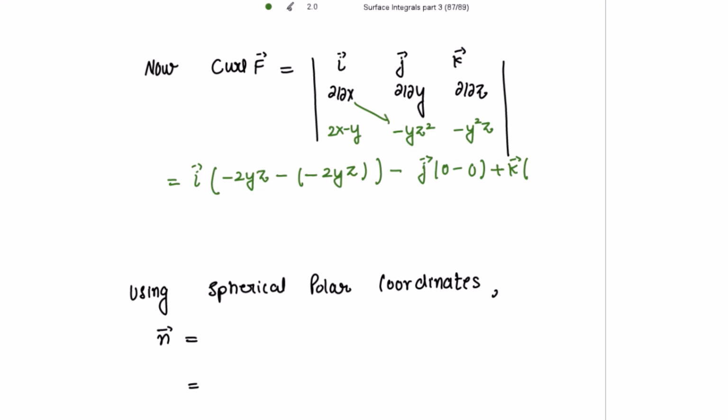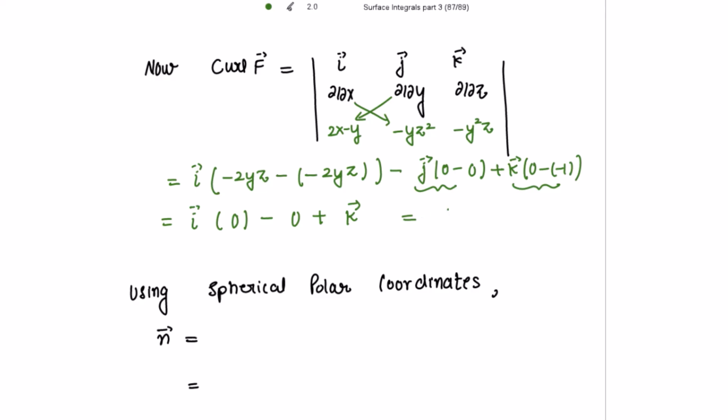Partial derivative of this with respect to x is 0 minus partial derivative of this with respect to y is negative 1. So this is i vector into, minus 2yz plus 2yz, that is 0, minus this is 0, plus this is k, the k vector.